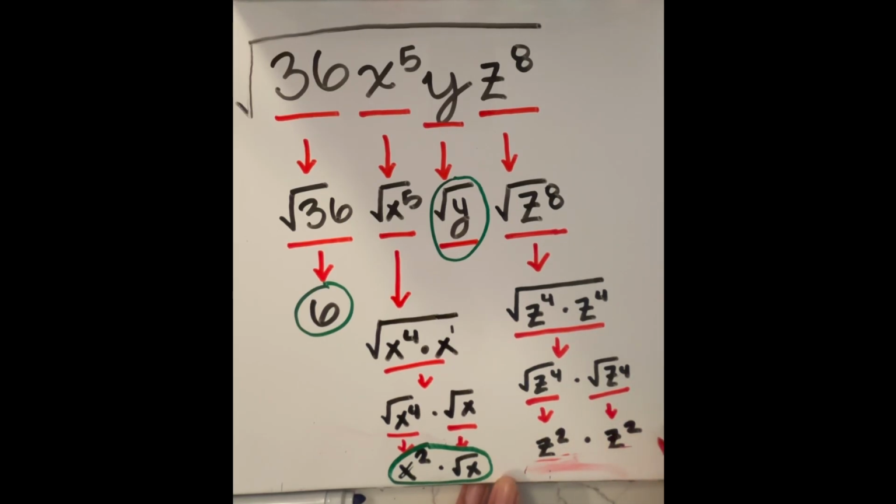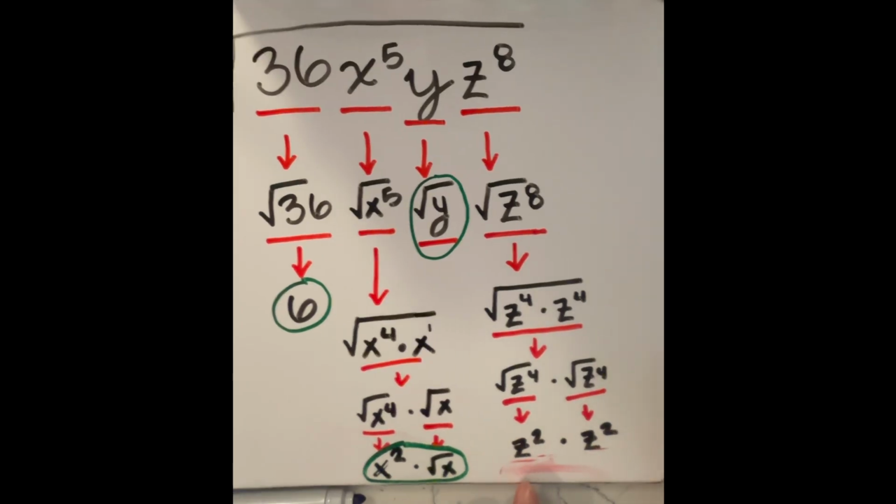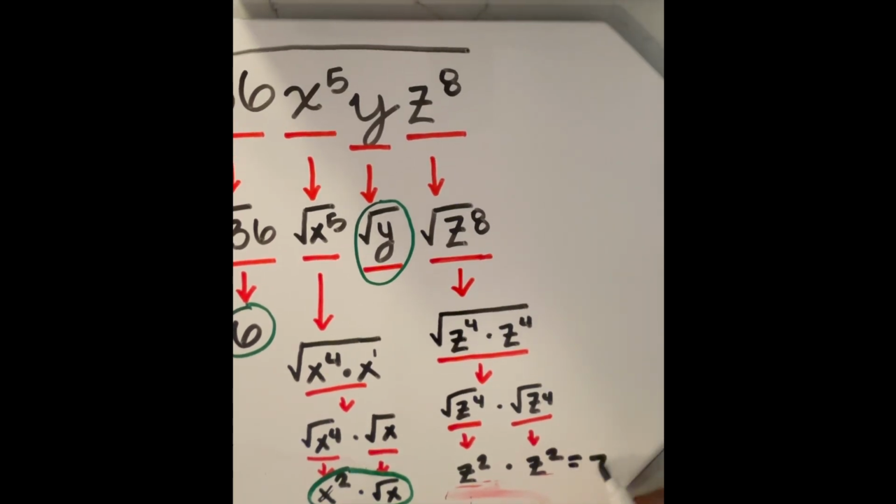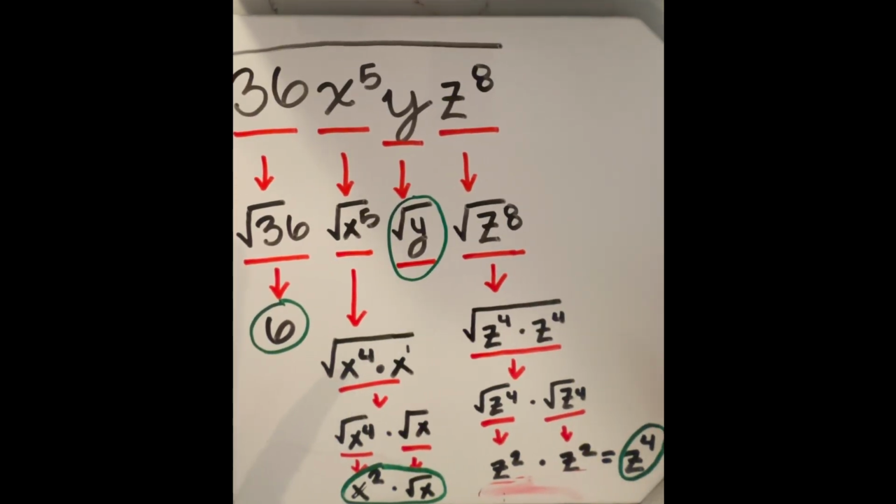So we have the same base, I'm just going to write that over here, our base of z, and then we add our exponents. 2 plus 2 is 4, and so that would be our simplified expression. So once again, for the square root of z raised to the power of 8, we get z raised to the power of 4 as our simplified expression. And so that's what we have, this, and this. And now we can just condense this into our final answer.